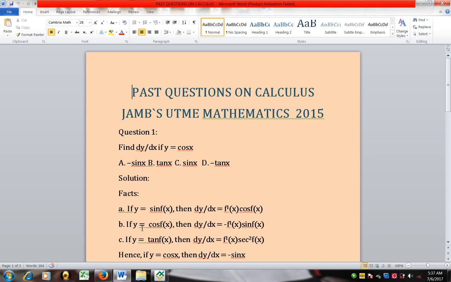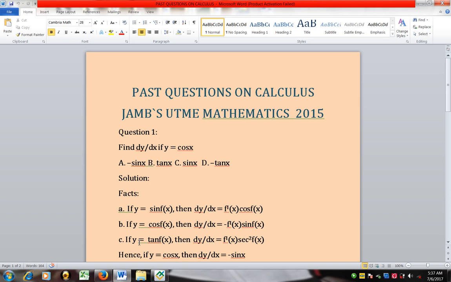And similarly, if y is cos of a function of x, that's f of x, then dy/dx will be equal to minus f prime of x sine f of x. We differentiate this f of x, then we change this cos to minus sine. So we have minus f prime of x sine f of x.